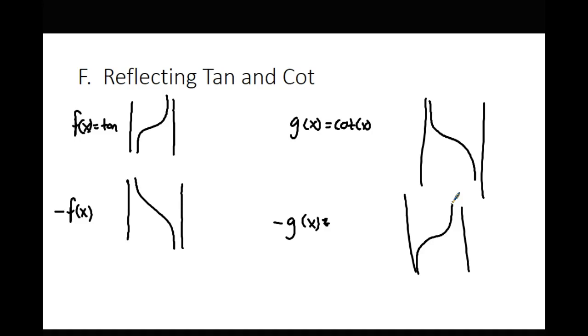The thing is, though, it doesn't make it a tangent. Like if you flip a tangent function, that doesn't make it a cotangent function necessarily, because remember, tangent still starts at negative pi over 2 and ends at positive pi over 2, whereas cotangent still has a different starting point than that. So even though they will have the same shape, they will still have different starting points. But the big takeaway there is that when you flip a tangent, it looks like a cotangent. When you flip a cotangent, it looks like a tangent. Okay? That's pretty much the gist of it.